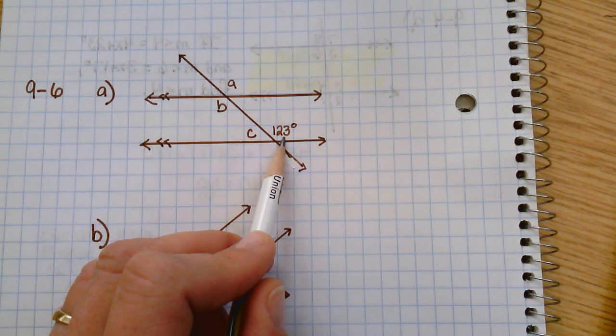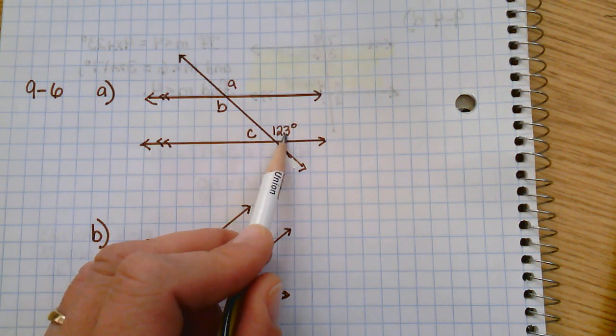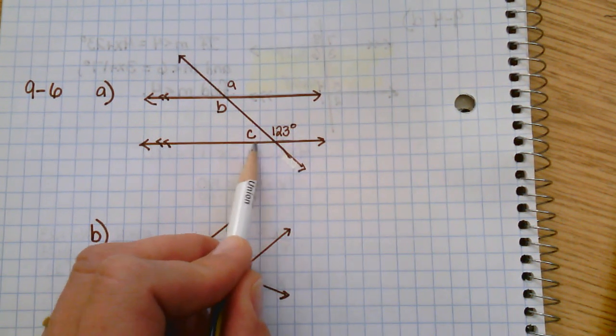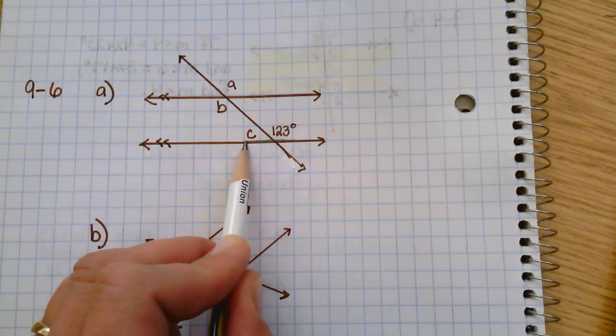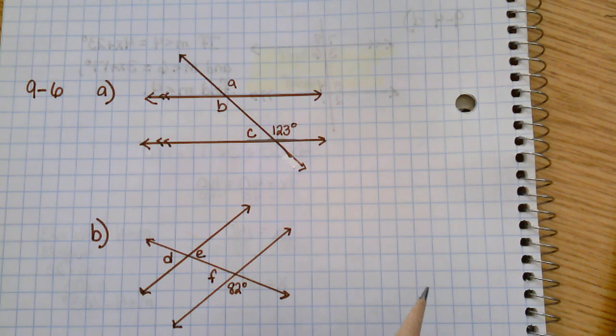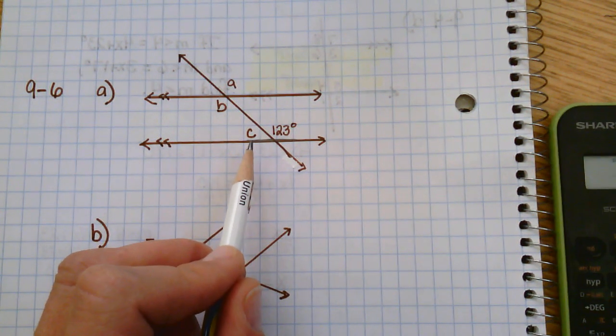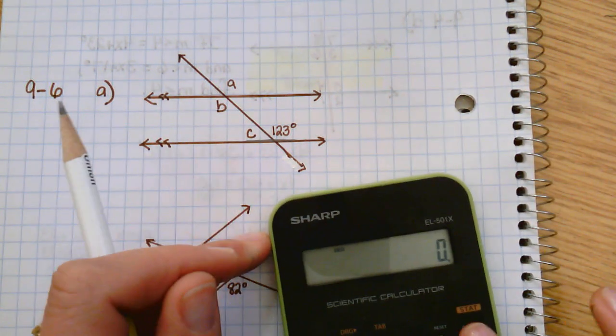So looking down here, we see that angle C and the 123-degree angle together create this straight angle. So I know that their sum has to equal 180 degrees. I've got my calculator here on the screen.